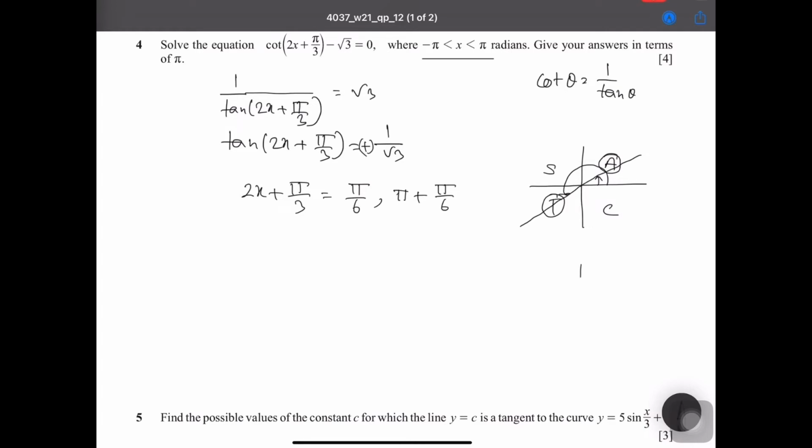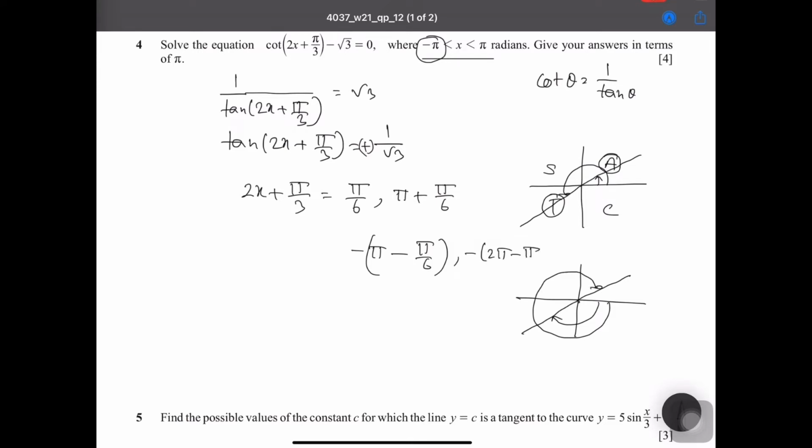If I draw the diagram again, I can go in the clockwise direction because the negative range is given. If I start from here, it is becoming minus pi by 6. This minus sign is for going clockwise, and this is becoming minus 2 pi minus pi by 6.